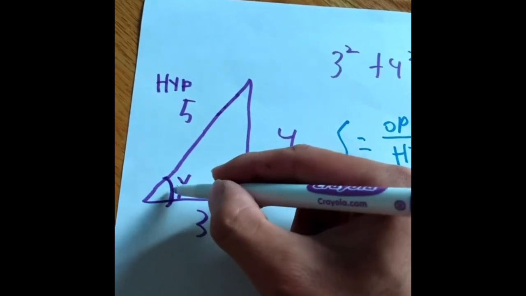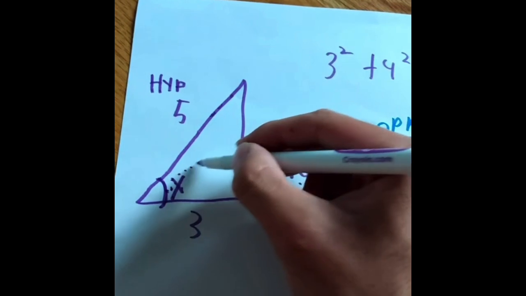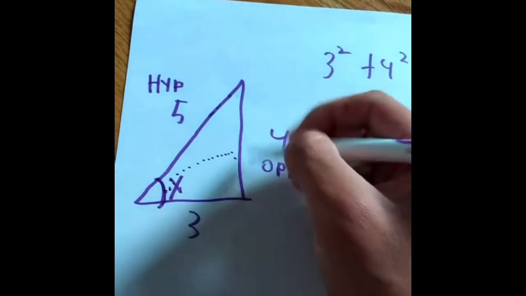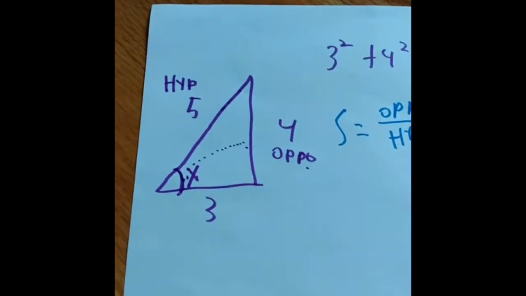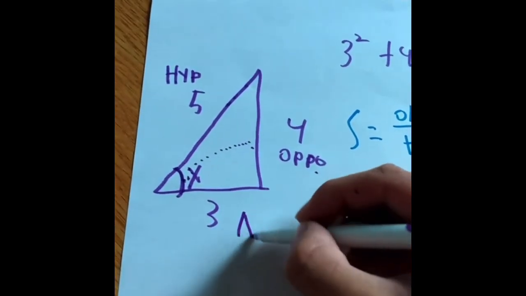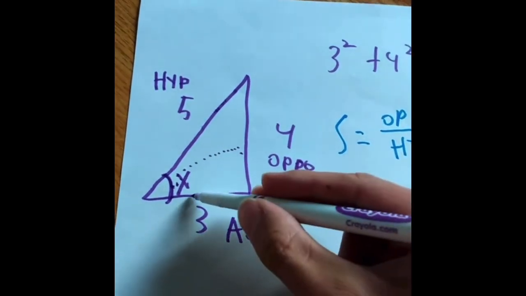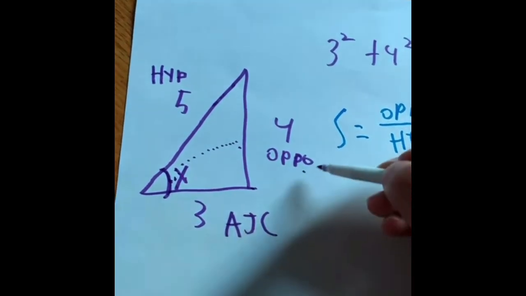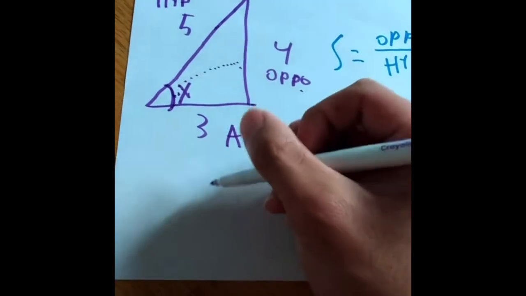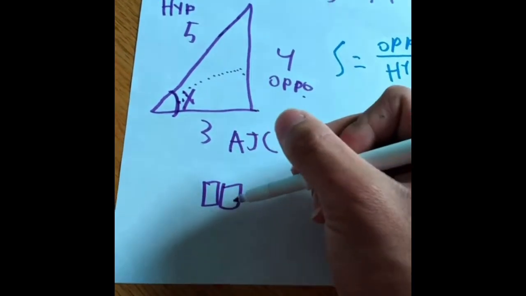If you're standing right here, you're viewing the opposite in this direction. The bottom length is going to be called the adjacent, because the adjacent, the bottom one, is right next to the opposite. Just like here's a square and here's another square, they're both adjacent to each other.